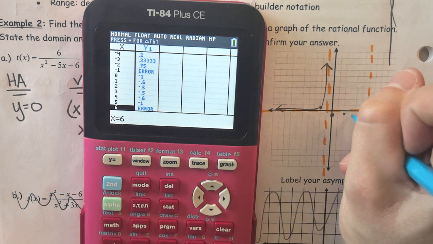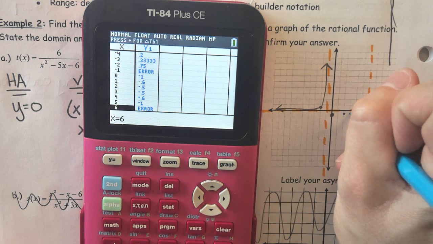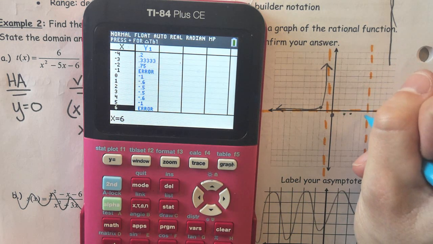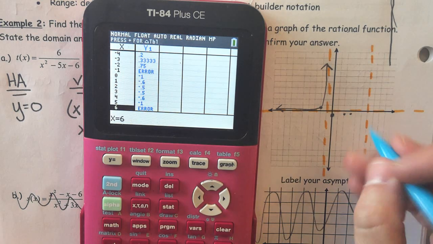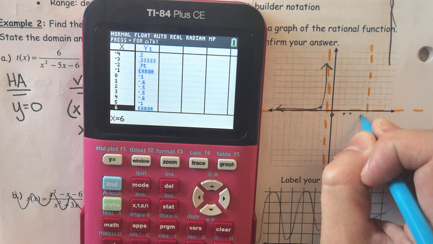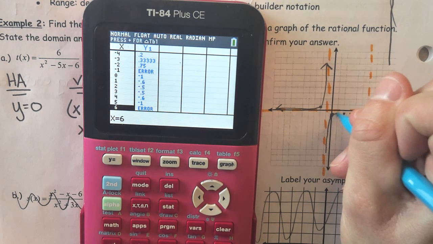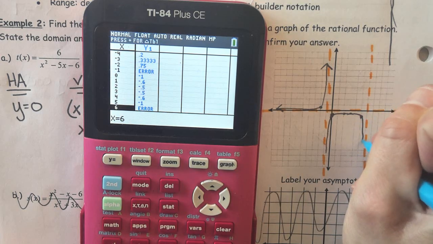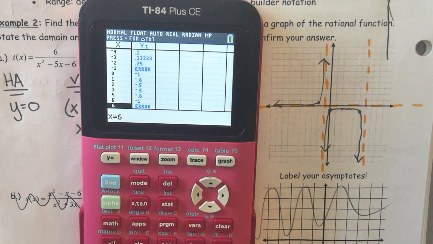So about right here, and then about right here, and then I'm at -1 again. And remember what that looked like. So that one came up, and then came back down, and again, both these sides were hugging the asymptote. Nice little hugs.